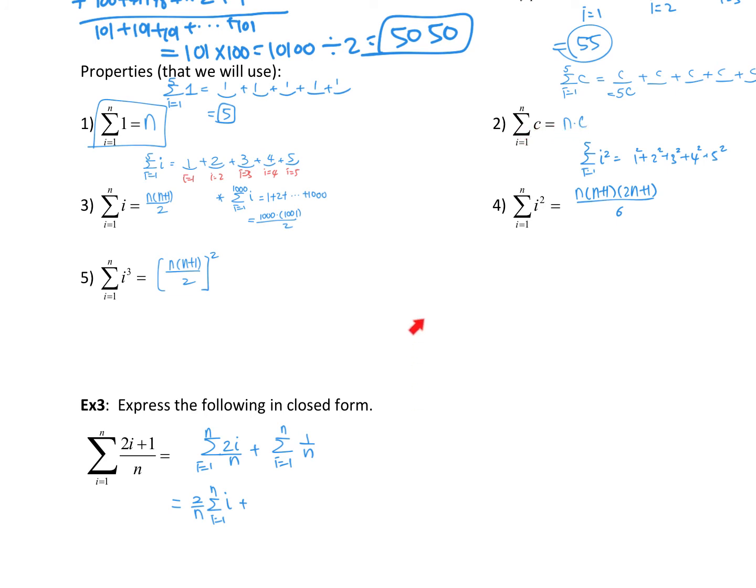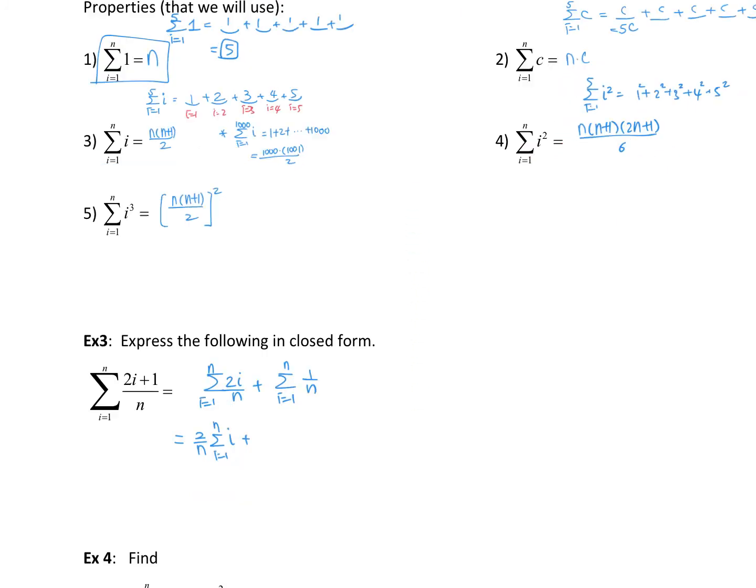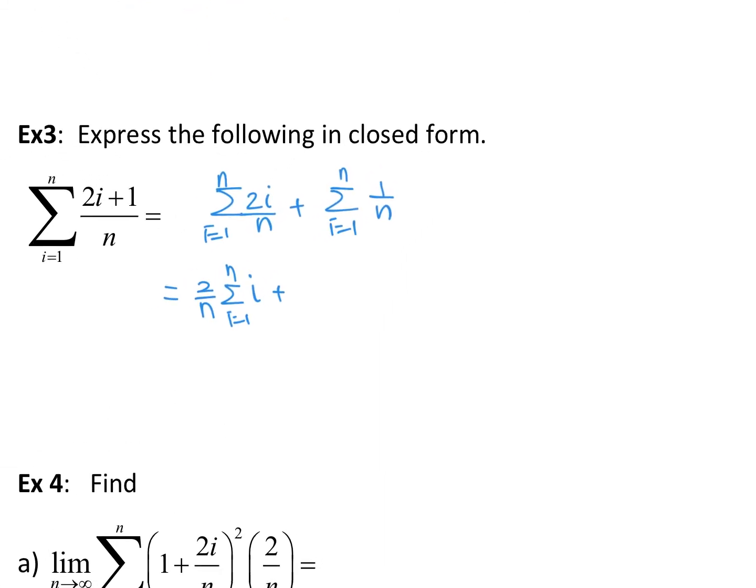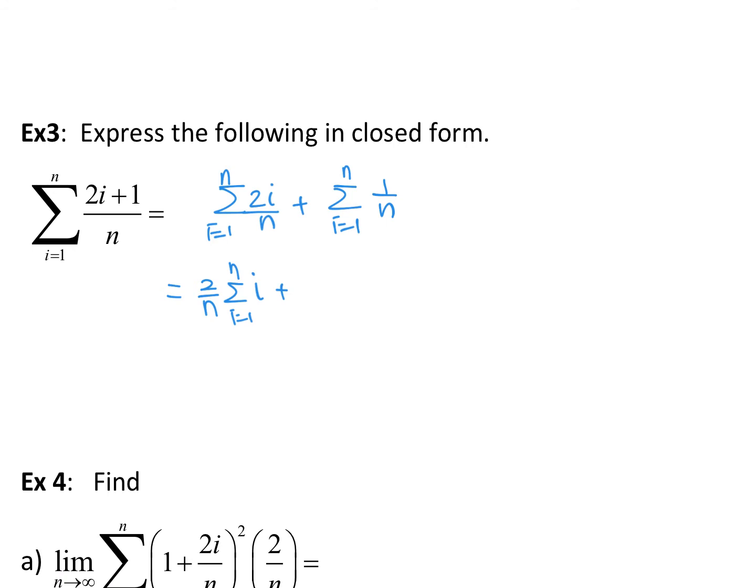So in this case, c is just 1 over n. So here this is going to be, let's make it a little bit bigger, n times 1 over n, right? Well, we know what this is, right? That's n times n plus 1 over 2. So that's going to be 2 over n times n plus 1 over 2, plus 1.